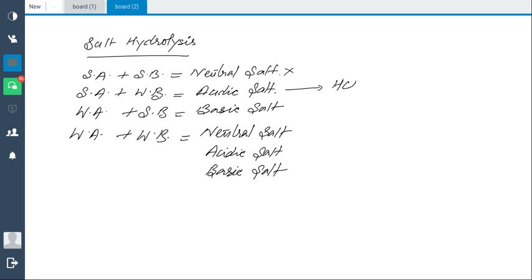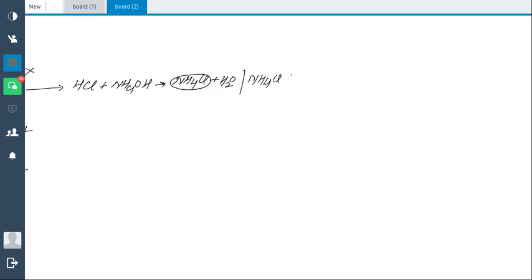For example, this is the salt NH4Cl. Now, when you add this salt to water, you are going to get NH4OH plus HCl. As H plus ions are released in the solution, we can say this is an acidic salt.